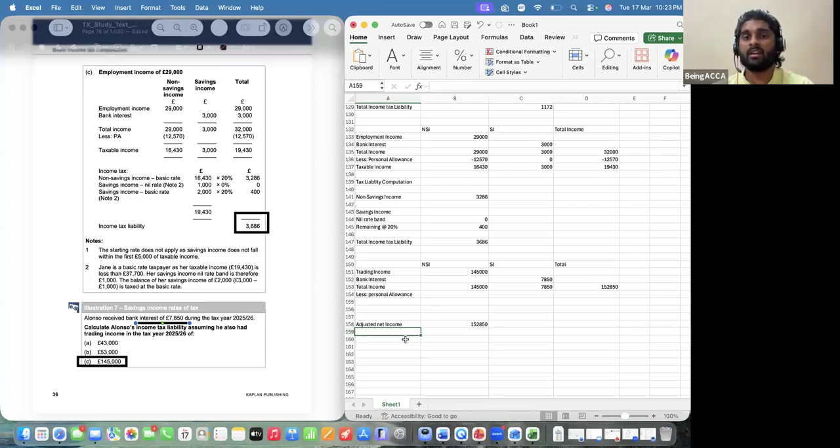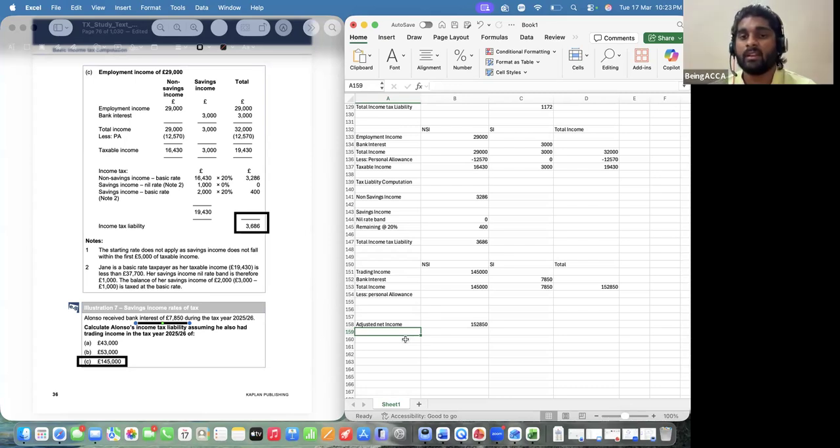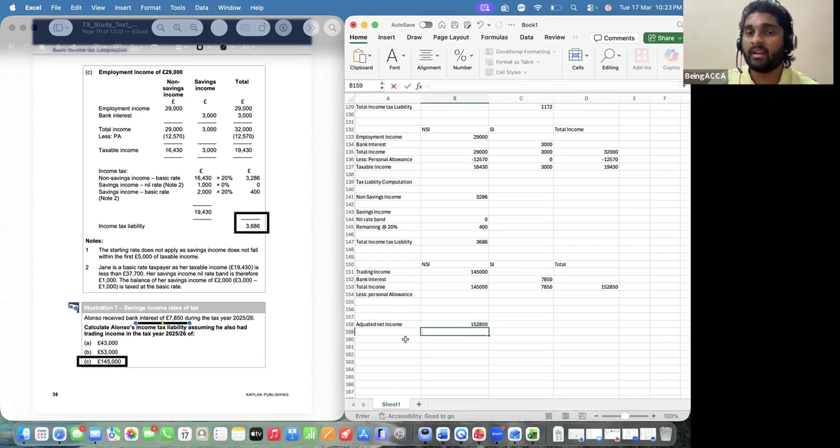Do we have any reducer? What is the maximum personal allowance reduction we can have? 12,570. So how much is the excess over adjusted income? The personal allowance will completely get reduced.